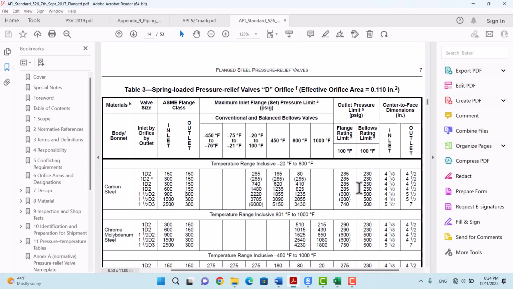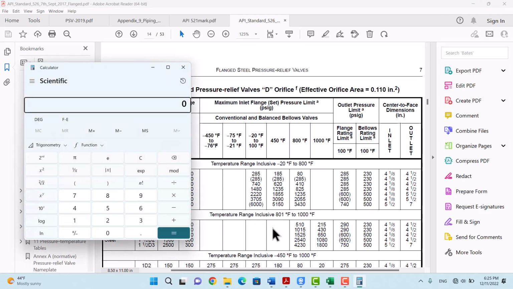Right now we have to check the temperature rating. In order to do so, the relieving temperature is this value. Then in order to convert it to Fahrenheit, I use this equation.